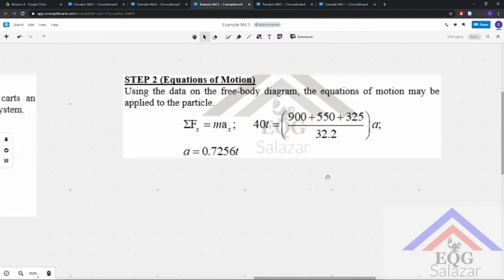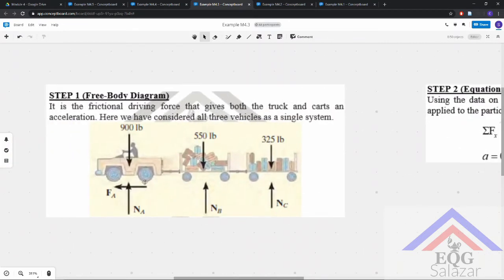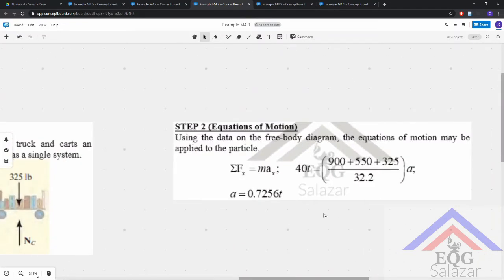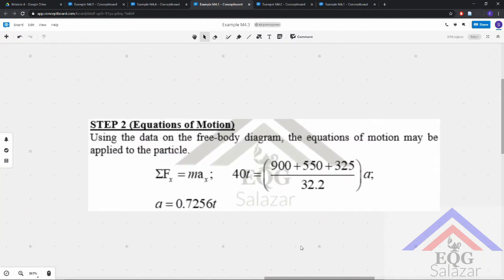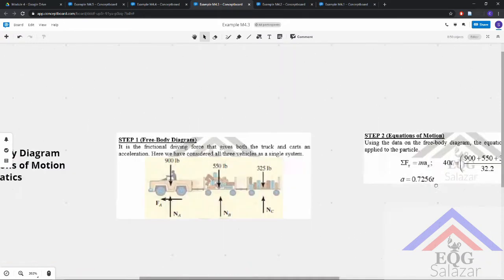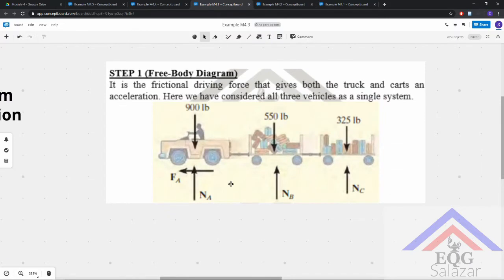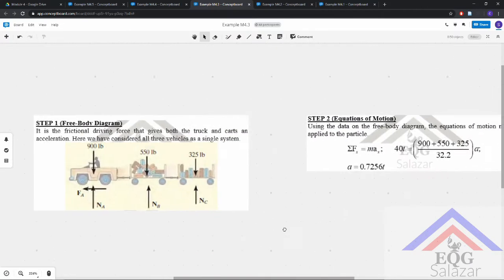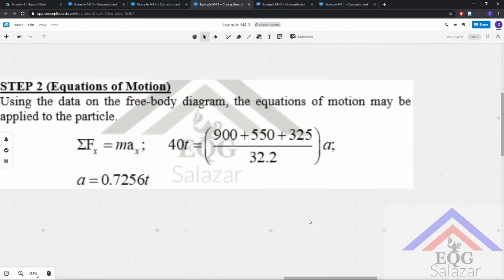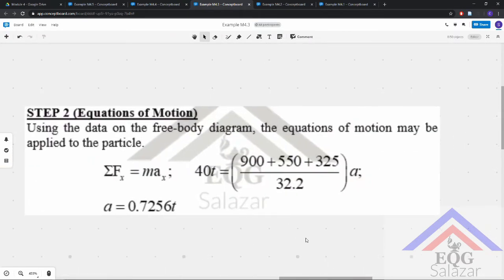Alright, so that gives us 40T equals MA, where M is the combined mass of all the vehicles. And so we arrive at an equation for A, which is a function of time, 0.7256T.